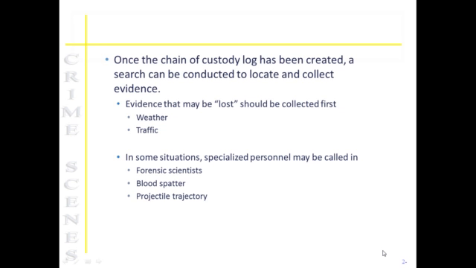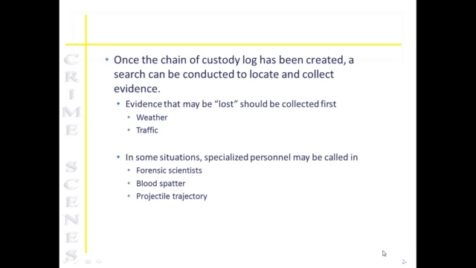Once the chain of custody log has been created, a search can be conducted to locate and collect any potential evidence. Initially, any evidence that might be lost or contaminated should be first identified and collected.